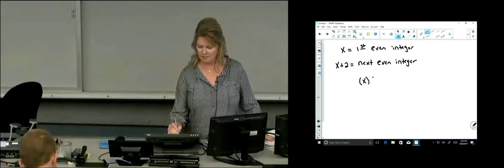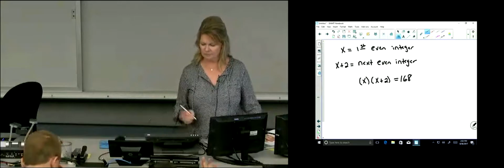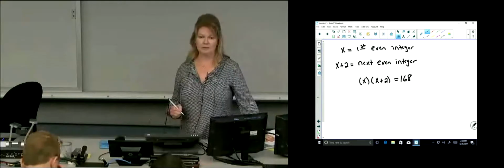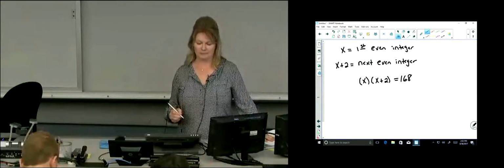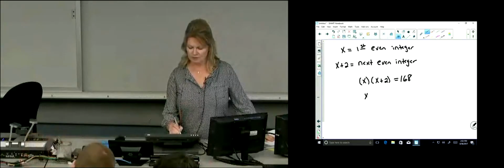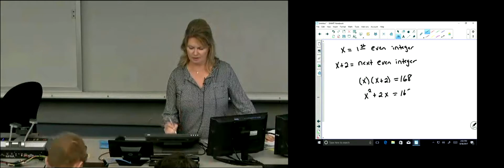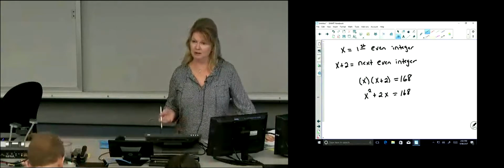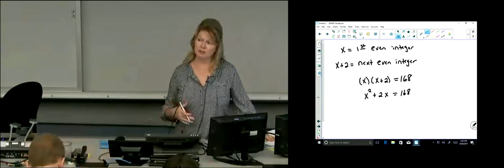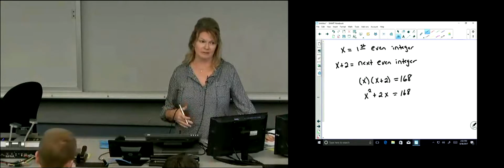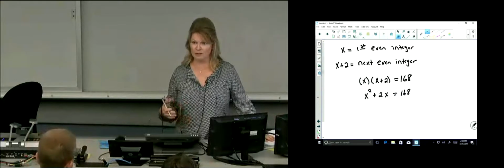Product means multiply. So notice that once I use my distributive property, I have a quadratic, which is what we just got finished doing in the last class. And in your homework, you have a quadratic.